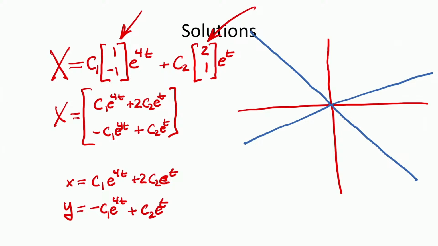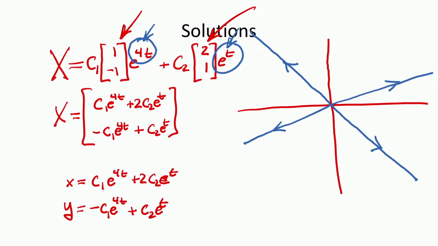Now for the cool part, or I guess it's all cool. Notice these things. One of them is 4t, the other one is t. Both of those are positive, which means if you're on those solutions, you're going to be going outward, getting bigger. So imagine that if you're on one of these lines and t gets bigger, you'll keep going on that line.